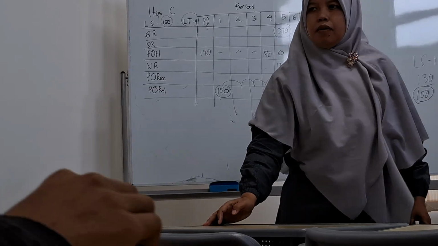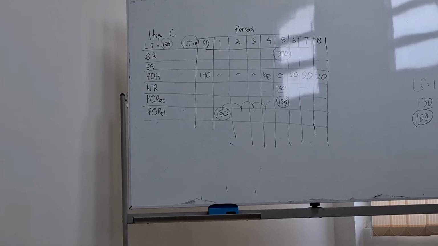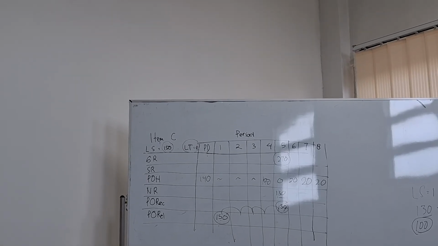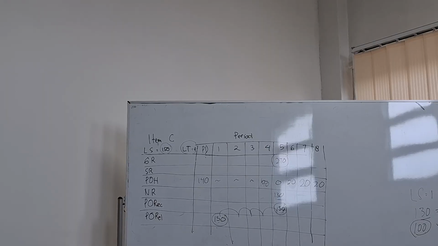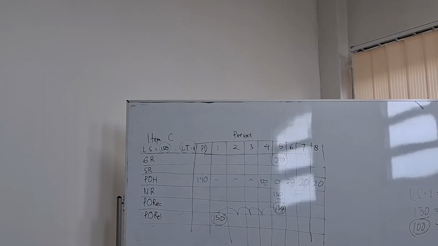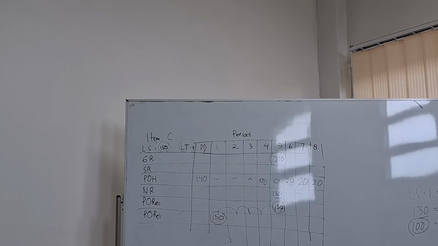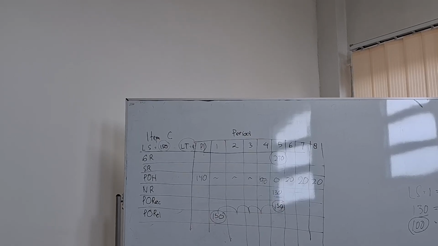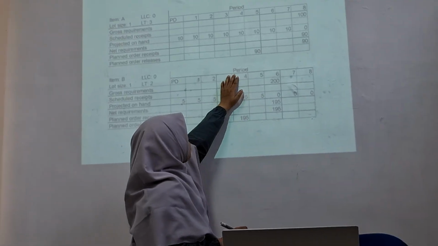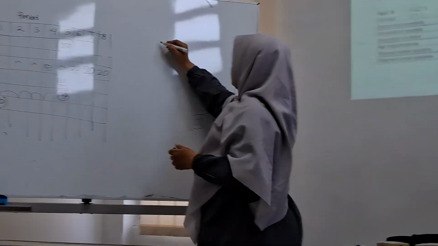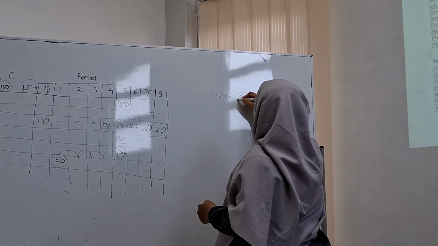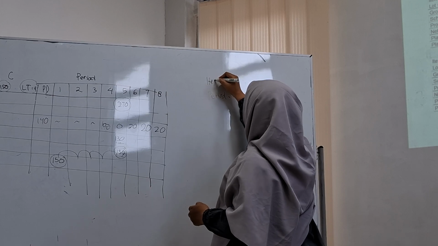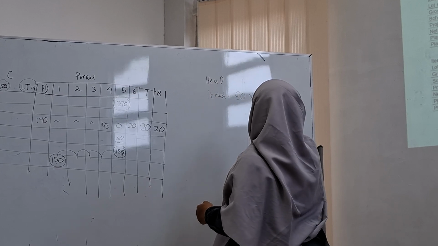Because D is used for two items, A and B, D contributes to both. For item A, D needs 2. So in period 5 we need 60 divided by 2.